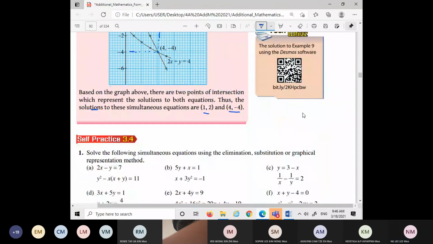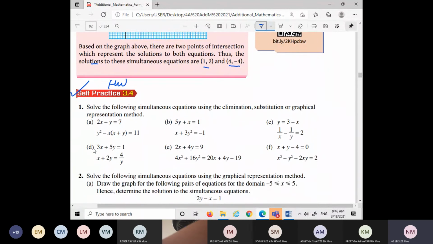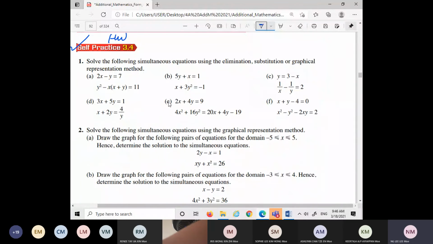Then the homework. This is the homework for today. For this, you see, this question is very kind. First question, they say elimination, substitution, or graphical representation methods. So I would like to fix the method, so you use the method that I fixed. Since question number 2, you are using the graphical representation method already.